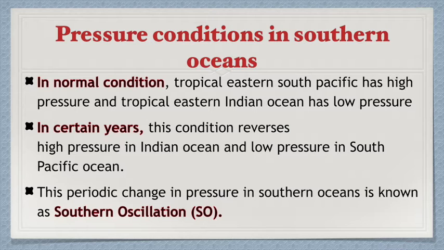Low pressure develops in South Pacific Ocean, high pressure develops in Indian Ocean. Wind reverses its direction from Indian Ocean to South Pacific Ocean. This reversal of wind direction is called southern oscillation. It also affects India's monsoon.